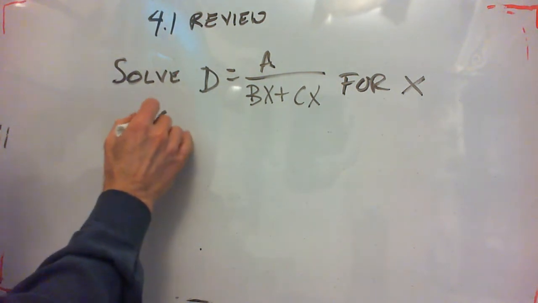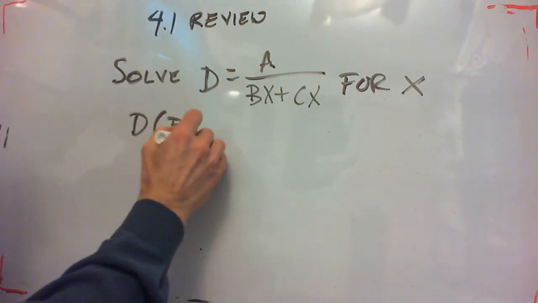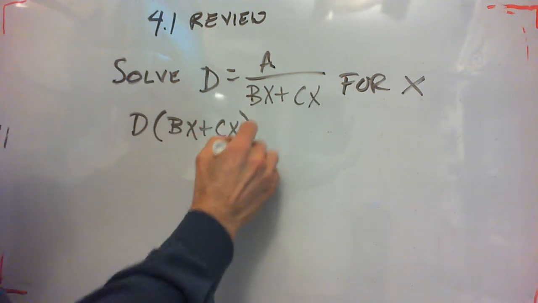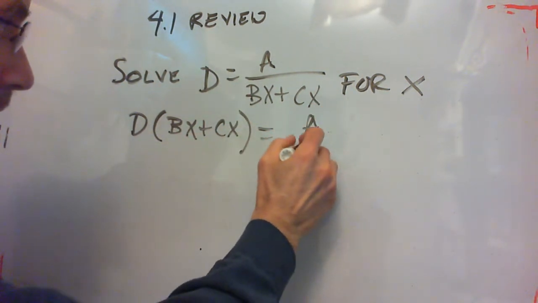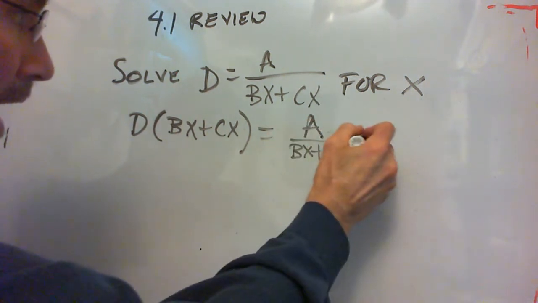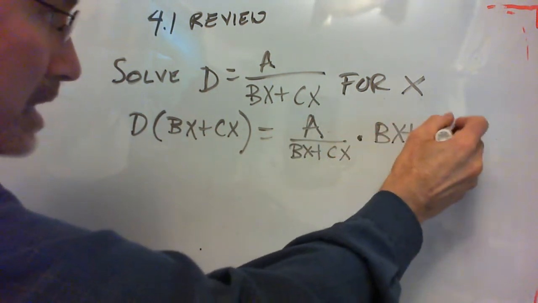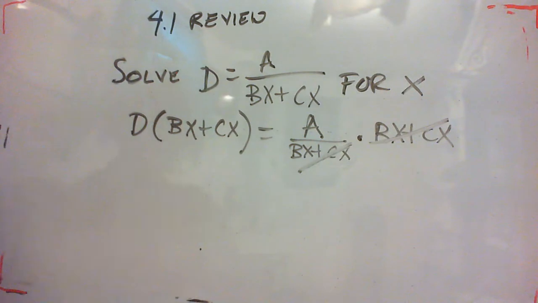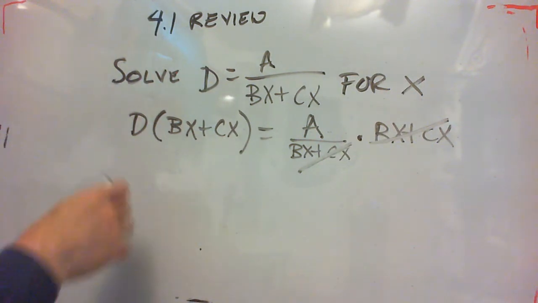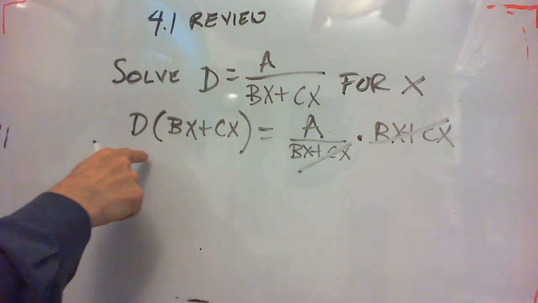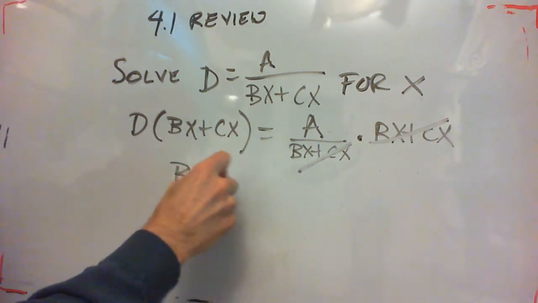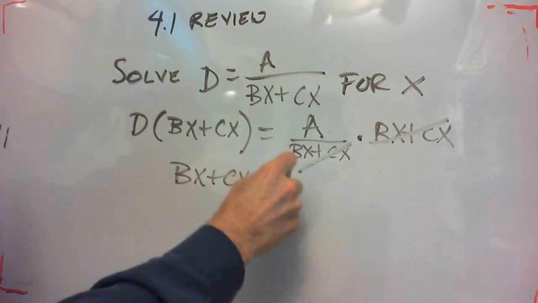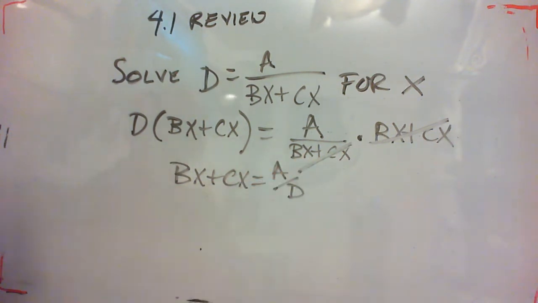And when we do that, we get d times (bx plus cx) equals a over (bx plus cx) times (bx plus cx), and they cancel. And now what I would do next is just divide both sides by d, giving you bx plus cx equals a over d.